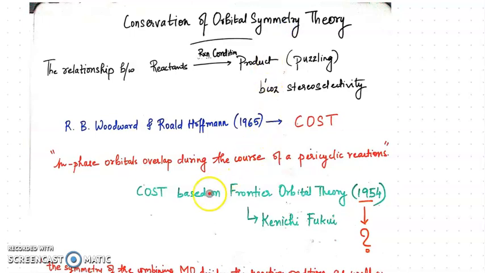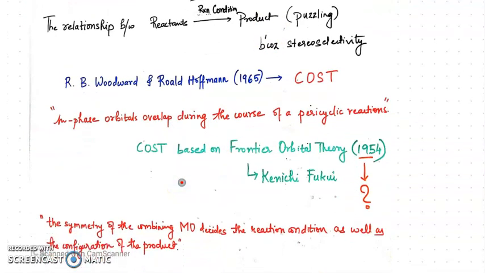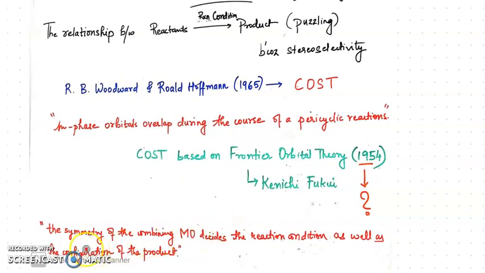This theory has another definition which I can write as: the symmetry of the combining molecular orbitals decides the reaction conditions as well as the configuration of the product. So apart from in-phase orbitals, you will come across this term called symmetry. Some of the orbitals are symmetric, some of them are anti-symmetric.